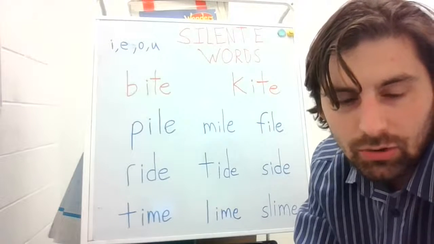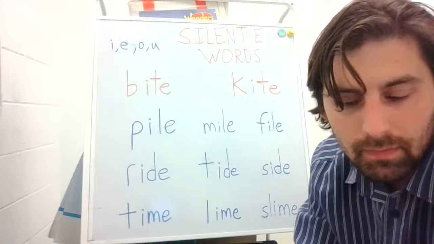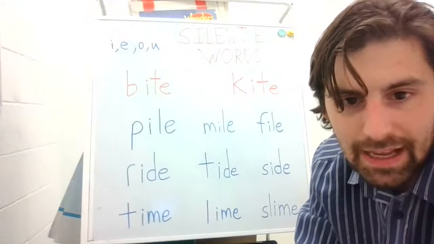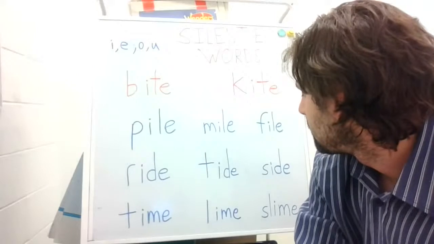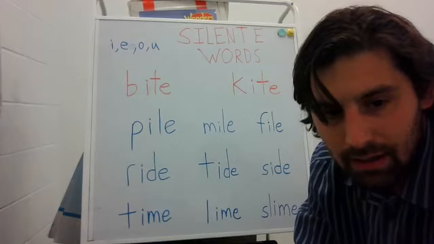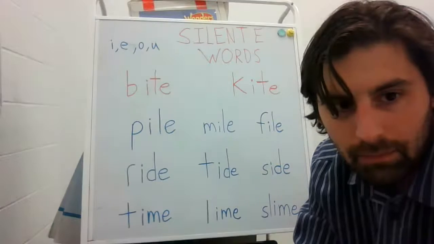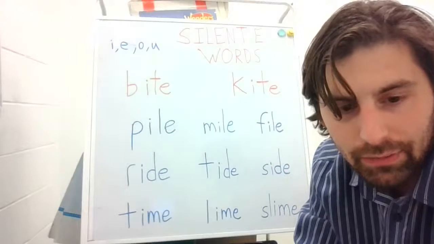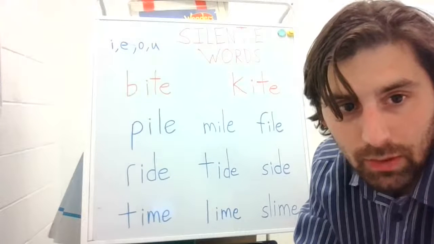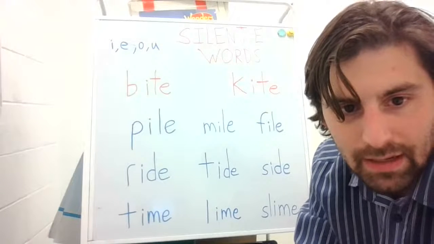Tide. Think of the ocean. When the water's shallow, it's low tide. When the water is deep, it's high tide. I think everybody knows what a ride is. If you're unsure of what a ride is, go to any local fair, county fair. A Ferris wheel would be an example of a ride.